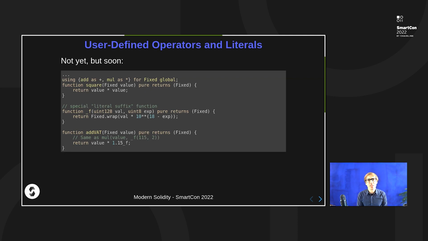Another feature we're working on is a literal suffix notation that allows you to easily use constants with your user-defined types. So you can write things like value * 1.15_f, and this will then call this _f function on this constant 1.15.